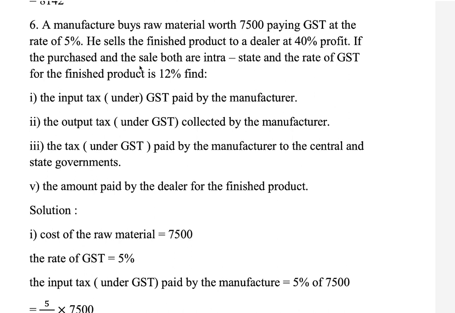If the purchase and the sale both are intrastate and the rate of GST for the finished product is 12%, find the input tax under GST paid by the manufacturer, output tax under GST collected by the manufacturer, the tax under GST paid by the manufacturer to the central and state government, the amount paid by the dealer for the finished product.